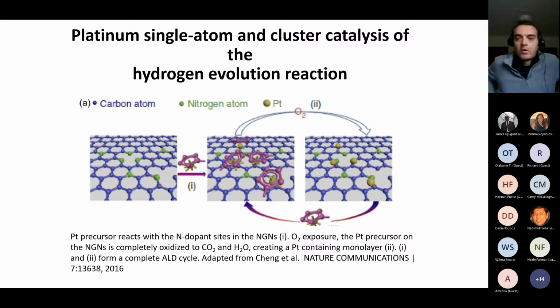So for the first example, we're going a little bit deeper into some of the literature review and some of the hot topics and hot electrocatalysts, and one of them is using this particular system: a platinum single atom and cluster catalyst for the hydrogen evolution reaction.